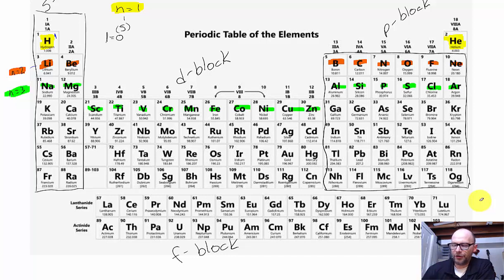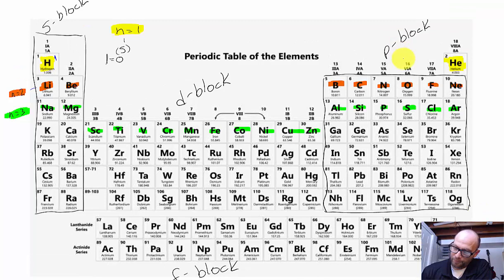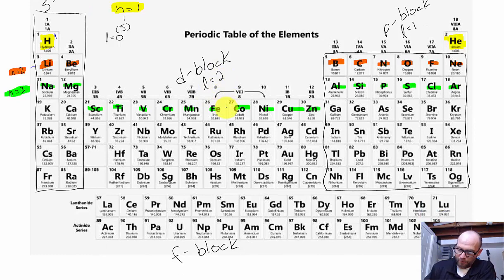In terms of mathematical numbers, the l value for a p orbital is equal to 1. The l value for a d orbital, or the second quantum number for a d block, is equal to 2. And an f orbital has an l value of 3.